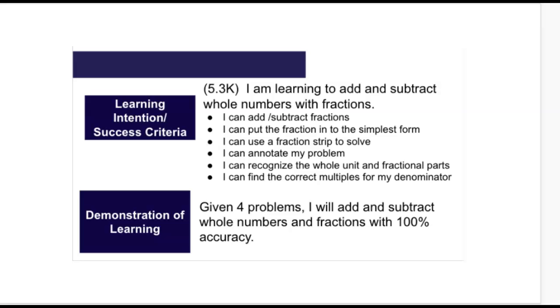We did not use a fraction strip to solve this problem. However, there are problems where you will need to use a fraction strip, or you can use one. Did I annotate my problem? Yes. Did I recognize the whole unit and fractional parts? Yes. And did I use the correct multiples for the denominator? Yes. With that, good luck on solving your problems.